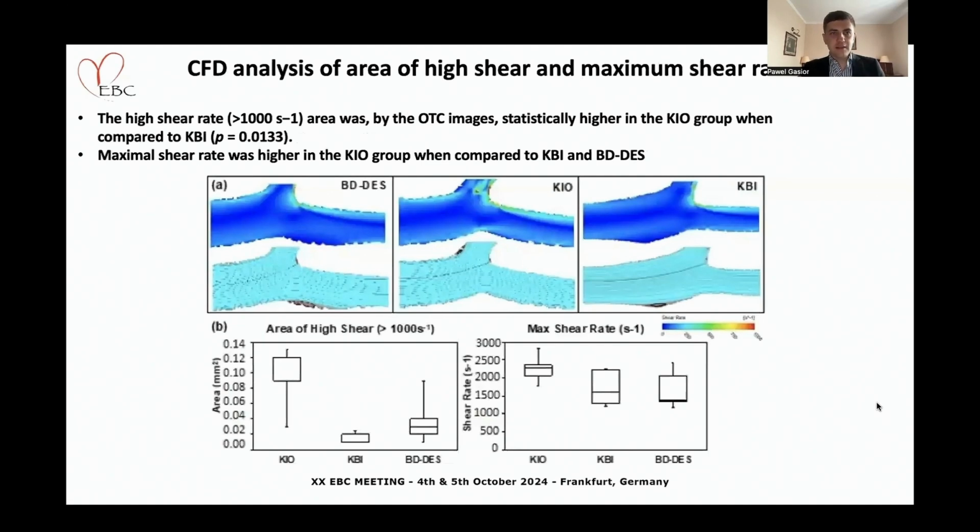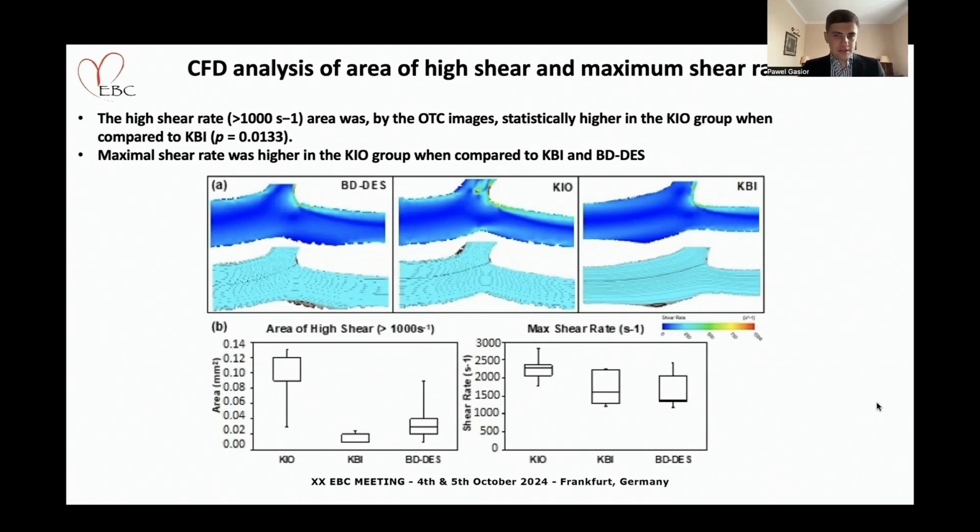Furthermore, we conducted CFD analysis based on the OCT images, and we found that the high shear rate area was statistically higher in the keep it open group when compared to the kissing balloon inflation group. Also, maximal shear rate was higher in the keep it open group.